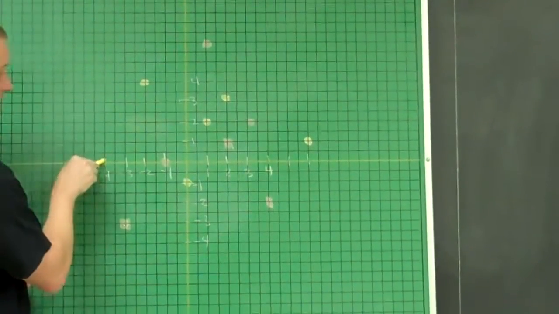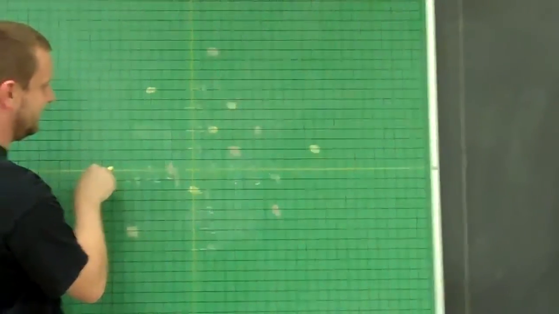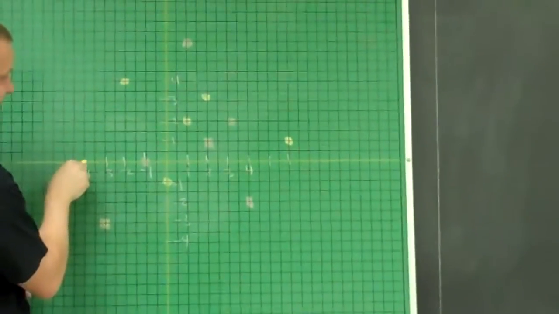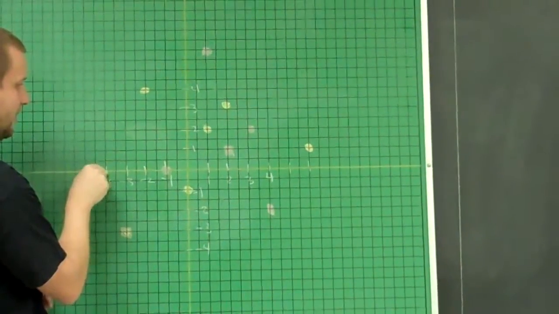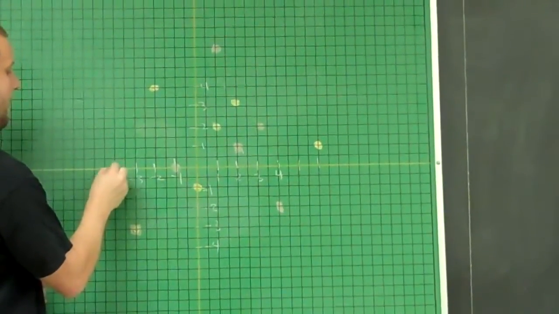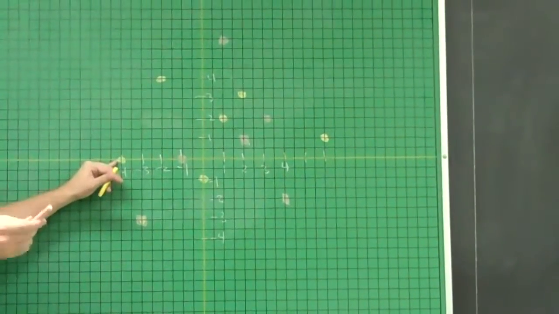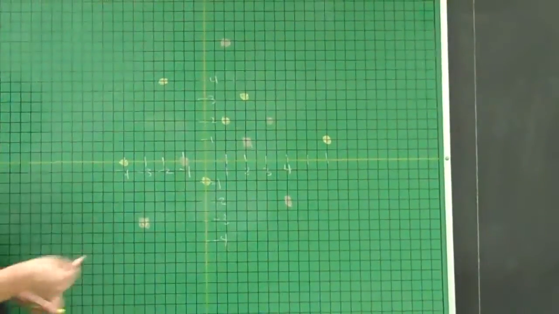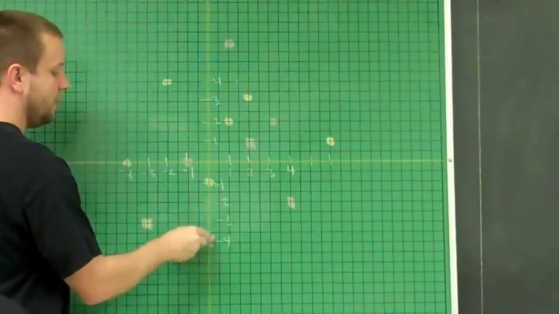How about negative 4? Have I tapped that yet? No, not yet. How about negative 4, 0? If I apply that point and switch those two, I get 0, negative 4. All right, that's going to be the last point that we apply.